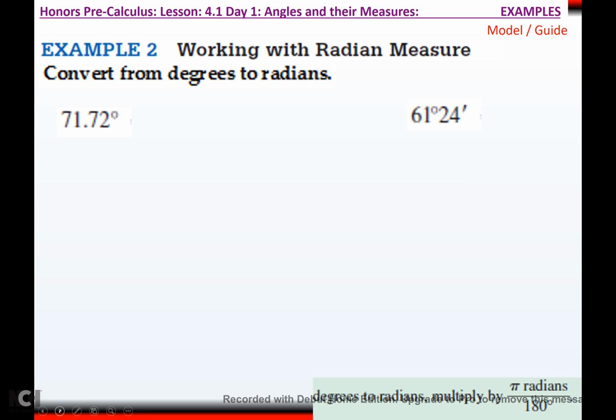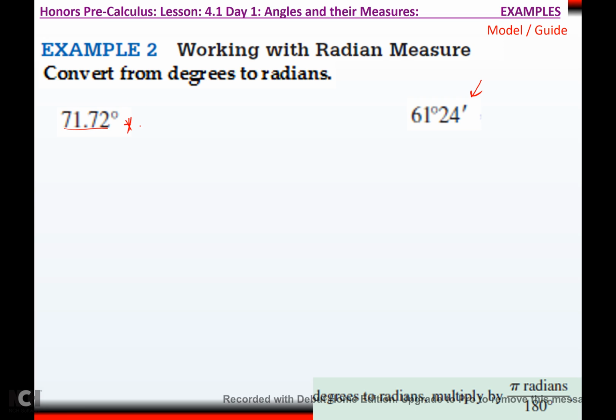Alright, so it says convert from degrees to radians. The problem here is I can't convert degrees and minutes or degrees, minutes, and seconds. You just have to have straight degrees. So your first thing you're going to have to do is, like we just learned, convert these to degrees. Over here, we're good. Even though there's a decimal, it's all degrees.